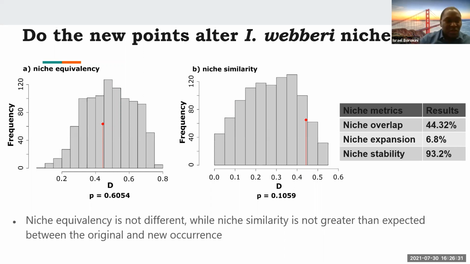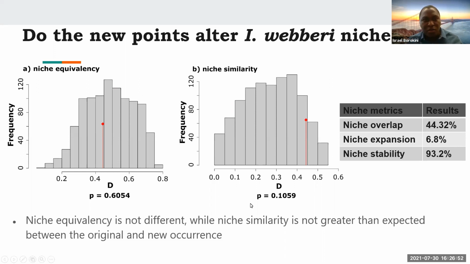That is, the new points that were added did expand the environmental conditions under which this species can survive. And we found only 6.8% expansion and a great overall 93% stability. That is very little, slight change in the niche.